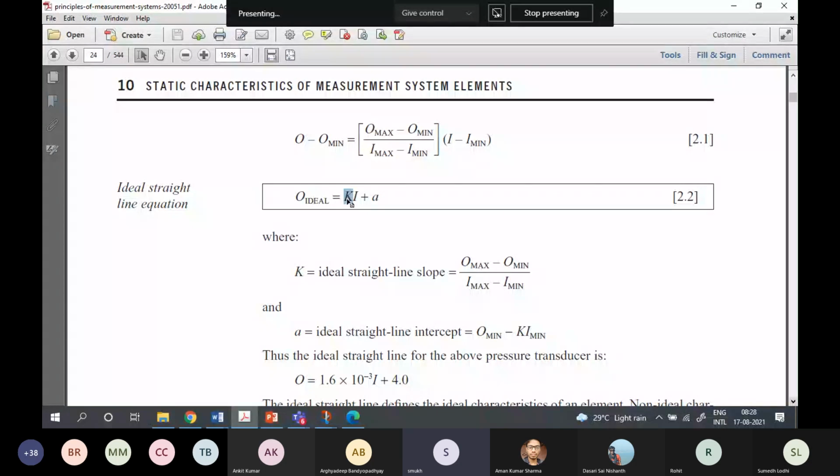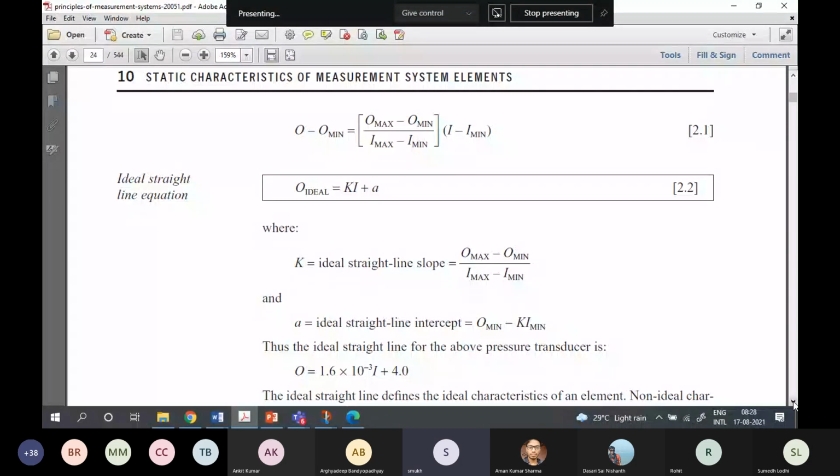So I get the output of the instrument, I divide by a number k, and I get the true value. Right? So that's so easy. So from that point of view, the instrument is looked upon as a linear instrument.